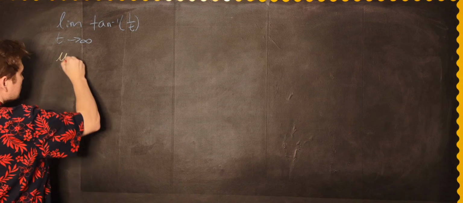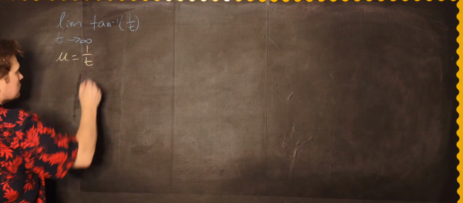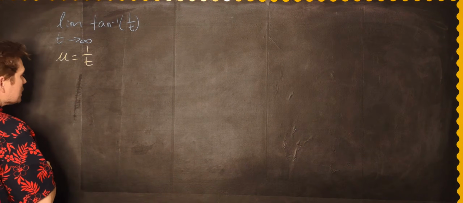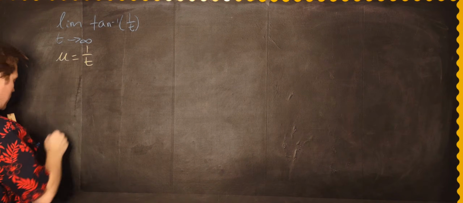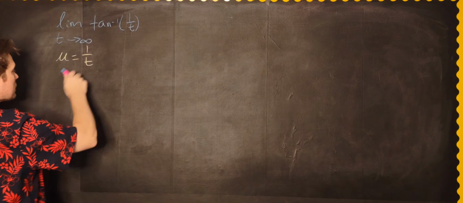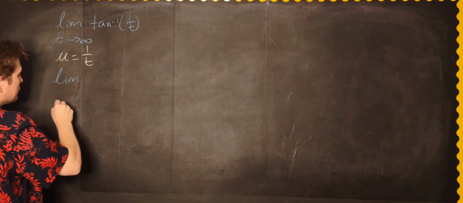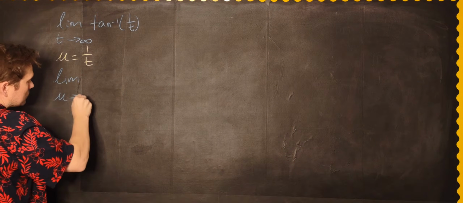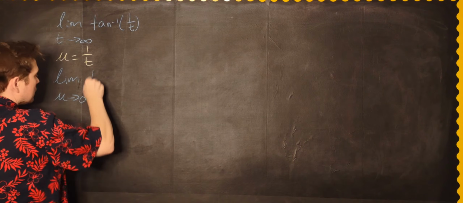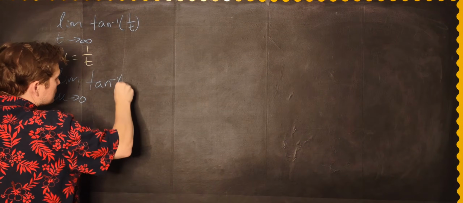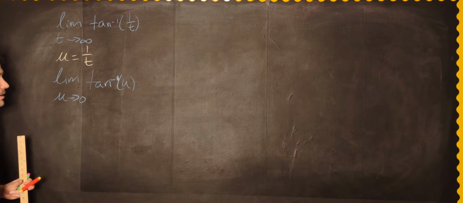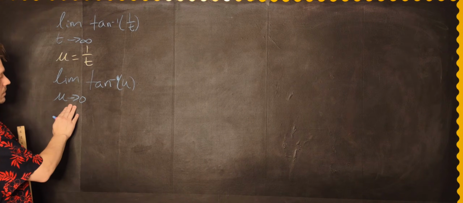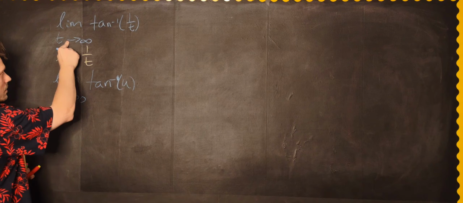We set u equal to 1 over t, and because we're switching from t as the variable to u as the variable, the limit gets recreated as the limit as u goes to 0, and then here you have tangent inverse of just u. This is tangent inverse, with a little negative 1 up there. And suddenly this becomes u, but this was t.